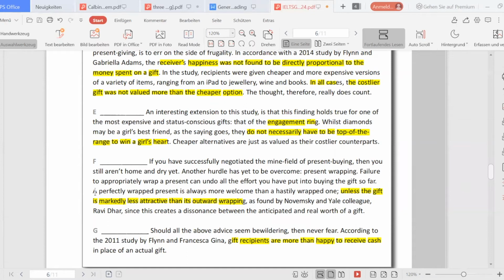I've highlighted the keywords to show you how you can use high degree adjectives to quickly base your answer on one sentence.